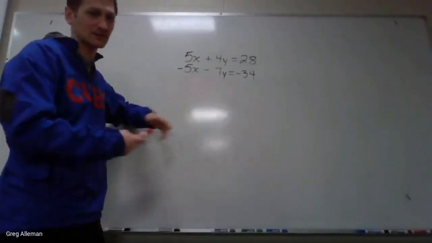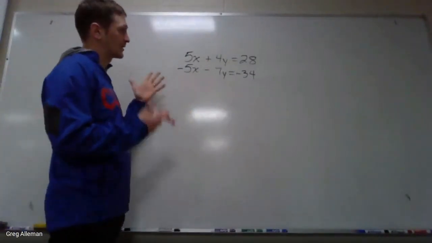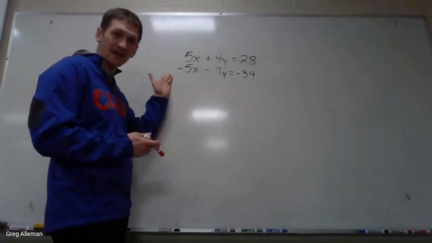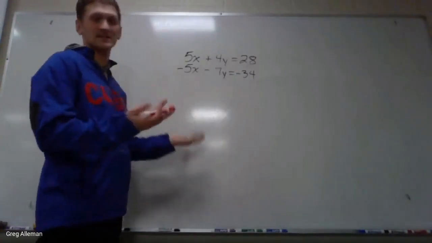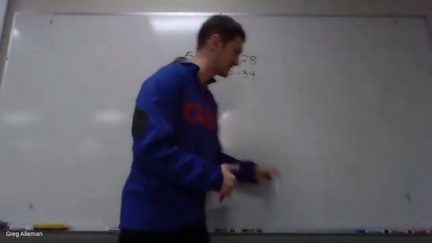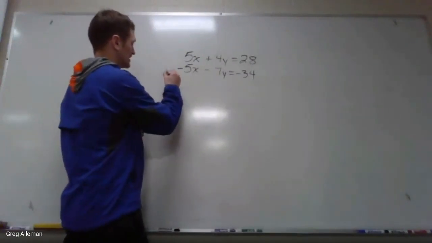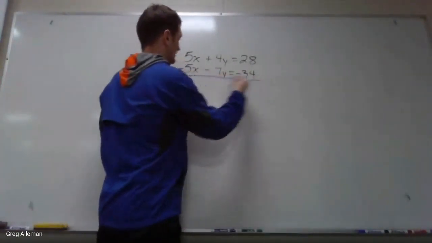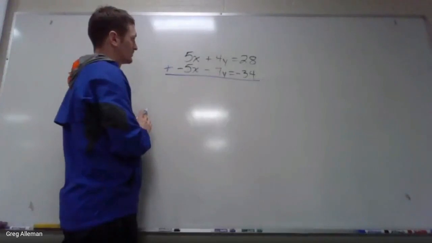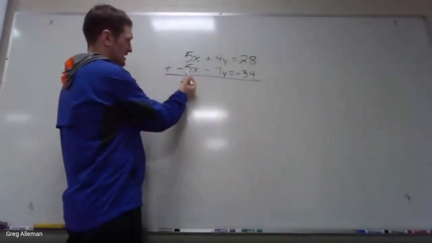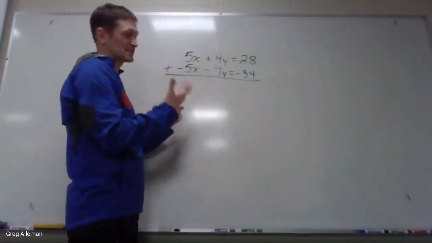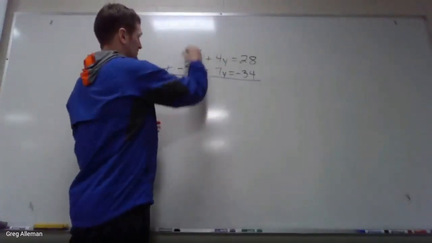It's eliminating. So we could add or subtract, but since we know if we add, those are going to cancel, we're going to choose to add. So I'm going to take these two and add them, because now I know 5 plus negative 5 is 0, or 0x, they just cancel out.